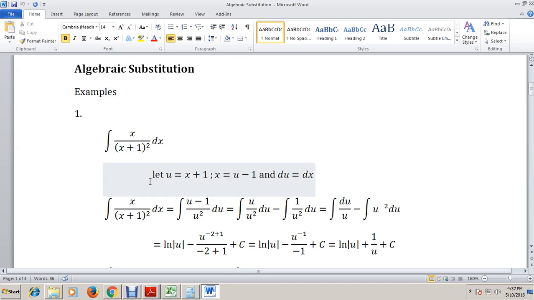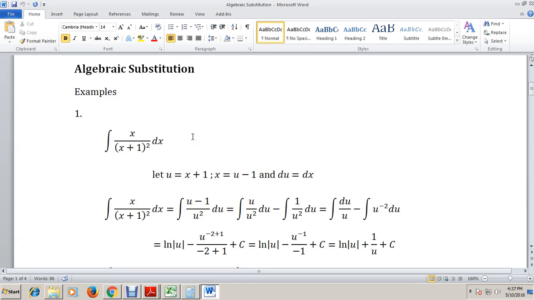If you remember, in the previous topics, we usually let u equal an expression in our integrand. This is basically what we do in algebraic substitution. So let's take on a few examples.